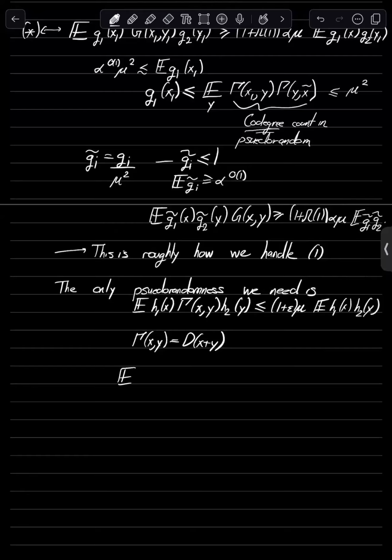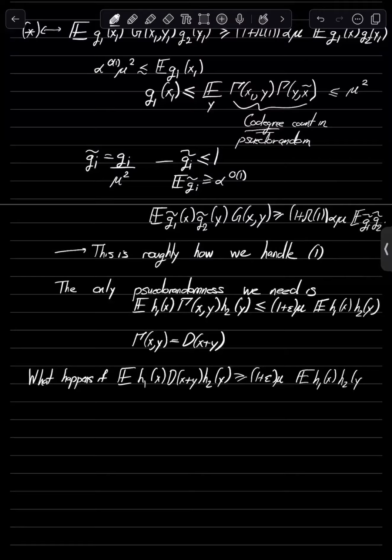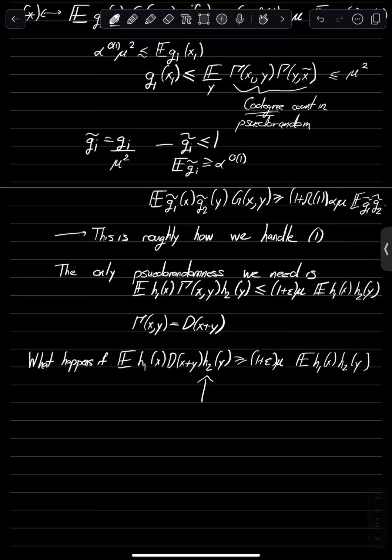So what we need to do is understand what happens if the expectation of h1 of x, D of x plus y, h2 of y is bigger than 1 plus epsilon times mu times the expectation of h1 of x, h2 of y. The key point is that the work of Kelley and Meka provides a good inverse theorem for this.